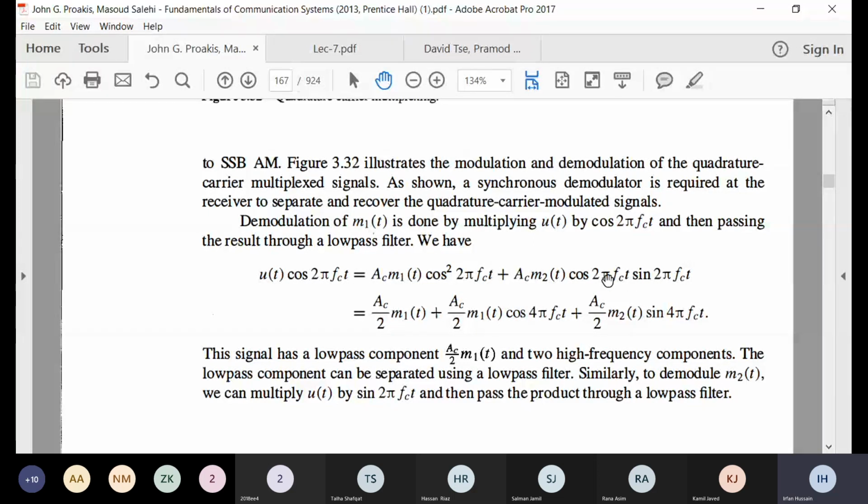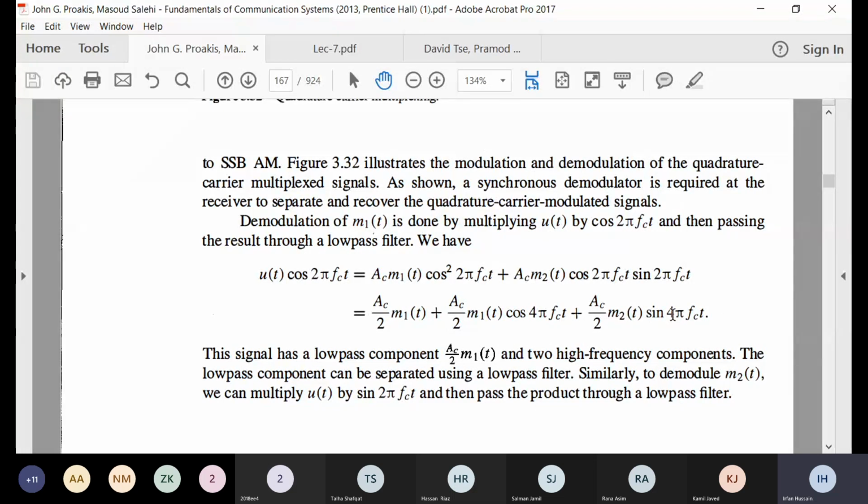Here you have cos and sine, so you can use the sine formula, sine alpha plus beta, which is sine alpha cos beta plus cos alpha sine beta, whatever. So this can be written as a sum and difference of sines. The sum will give you a high frequency term, the difference will give you 0, sine of 0.